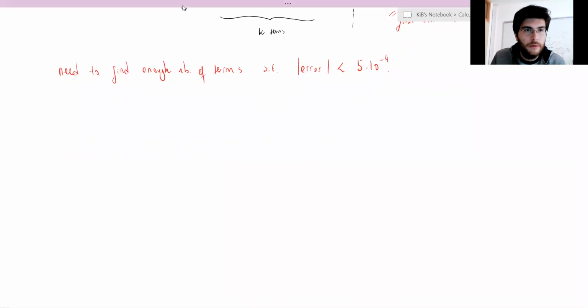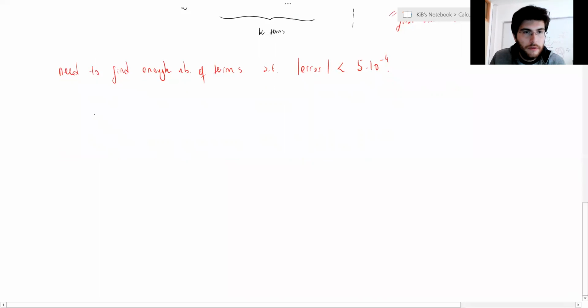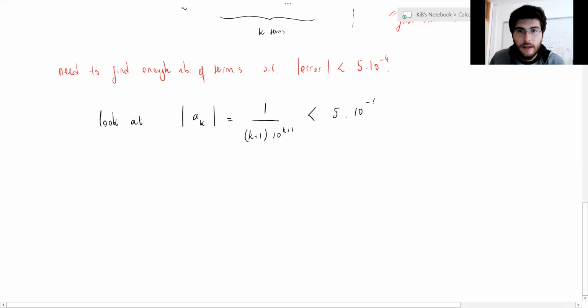Just look at the following. What was the first omitted term? a_k. This is your first omitted term. If you compute by using our series, we have k plus 1 and 10 to the k plus 1. And we want this to be less than 5 times 10 to the minus 4.